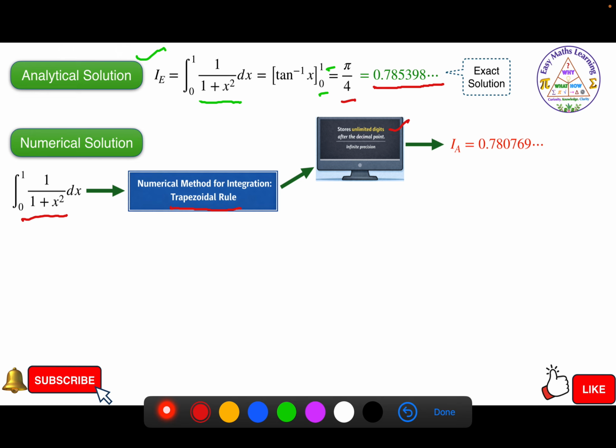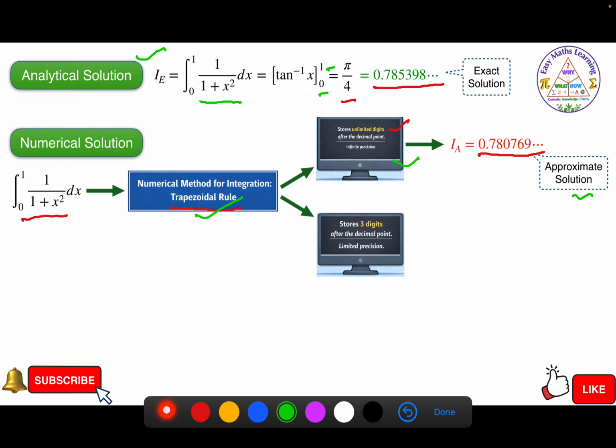So approximate solution is obtained, that is 0.780769 and so on. So this is approximate solution. Remember, this approximate solution in the computed value is due to numerical method only. It is not due to computing device, because we assume here that it can store unlimited digits. So there is no option of rounding or chopping in this device.